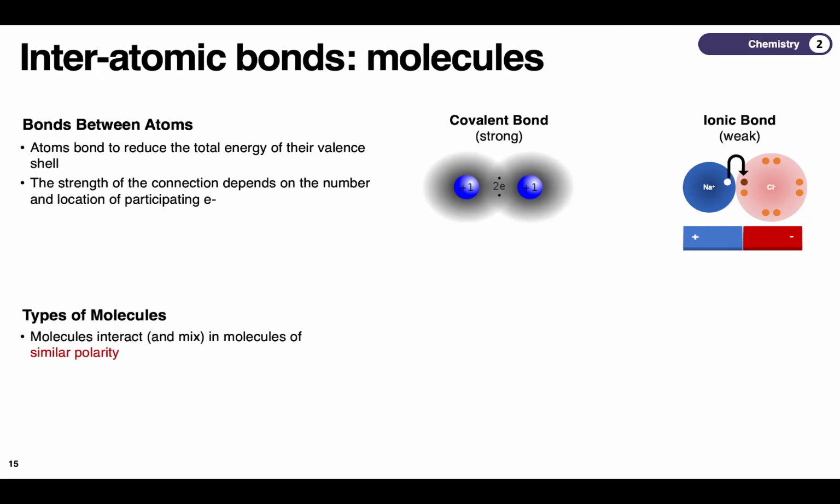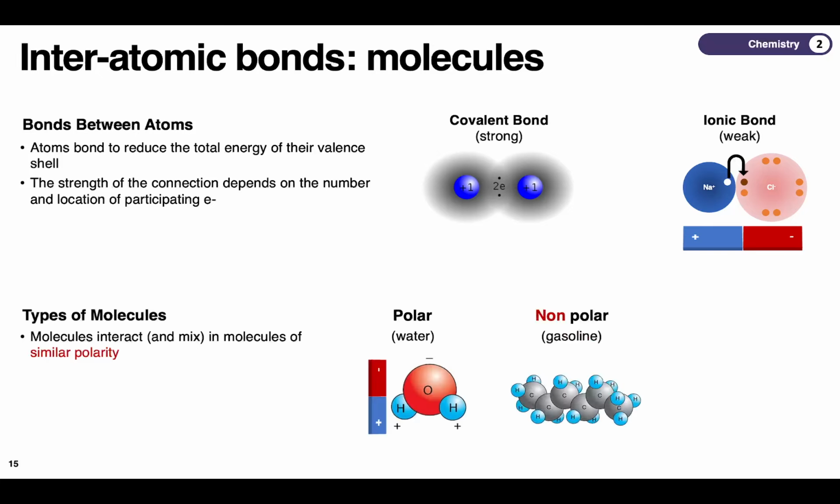So for example, non-polar molecules will dissolve in non-polar solvents, i.e. oils. For example, here you have gasoline, which is non-polar. Dissolve means basically inserting themselves between the solvent molecules. When dissolved, polar molecules will exhibit an electromagnetic charge and allow the flow of electrons, and therefore conduct electricity, while non-polar molecules don't.